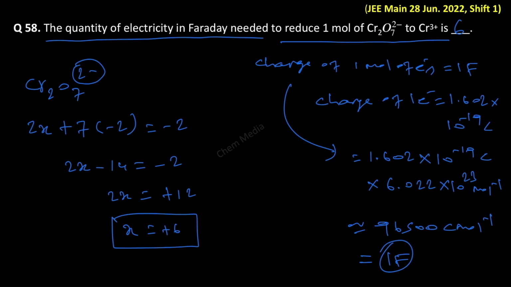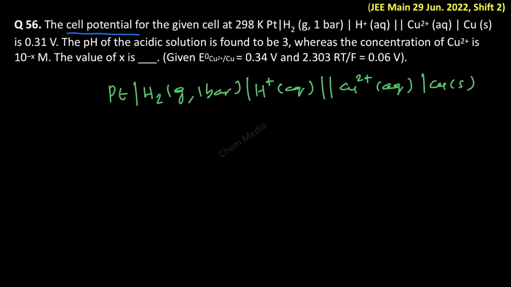That means 6 Faraday. The cell potential for the given cell at 298 K is given as 0.31 volt. The pH of the acidic solution is found to be 3, whereas the concentration of Cu2+ is 10 to the power minus x molar. What is the value of x?